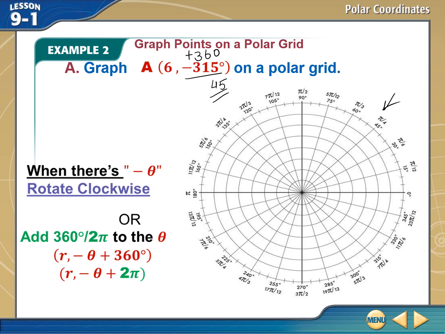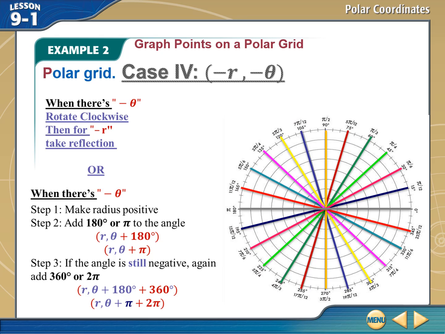And r is 6, so 6 circles: first circle, second, third, fourth, fifth and sixth circle. And just join it with the pole. This is how we make the graph in the polar plane.